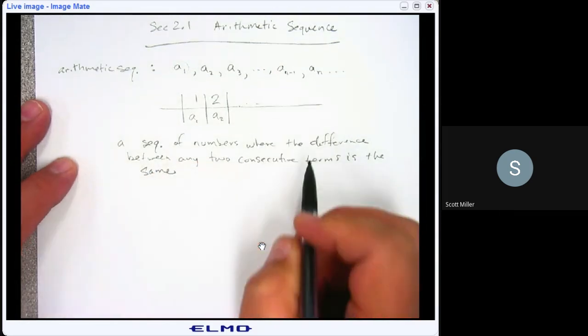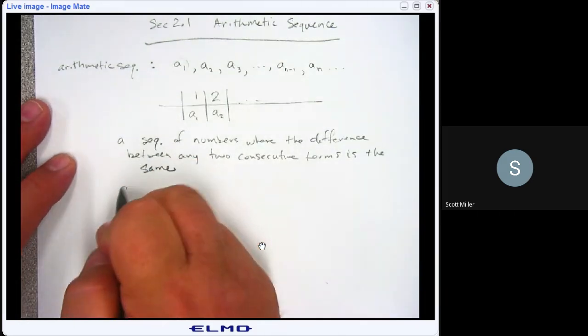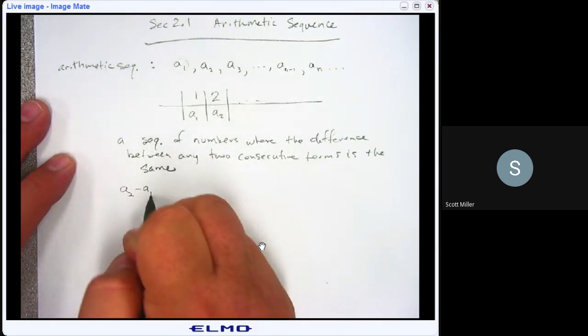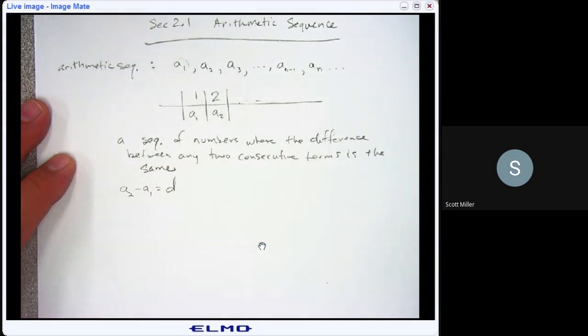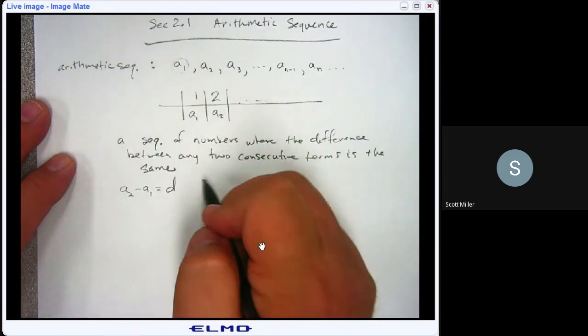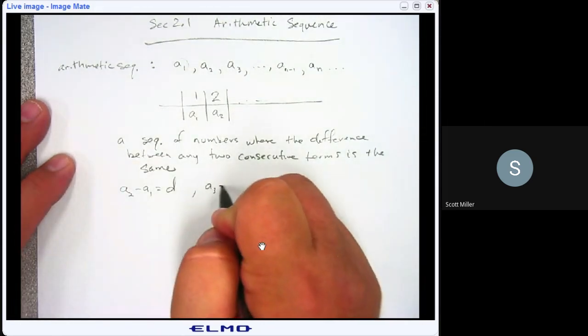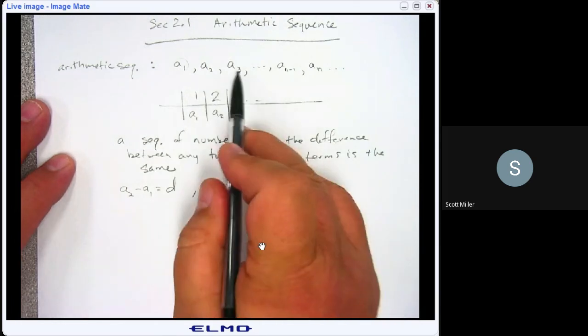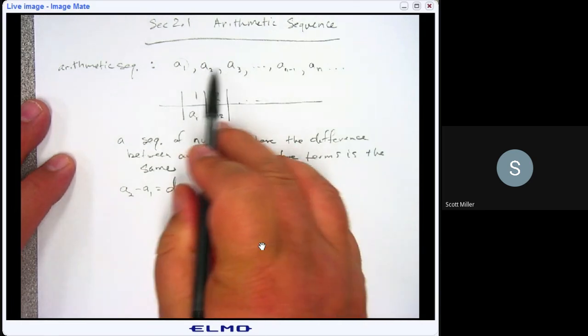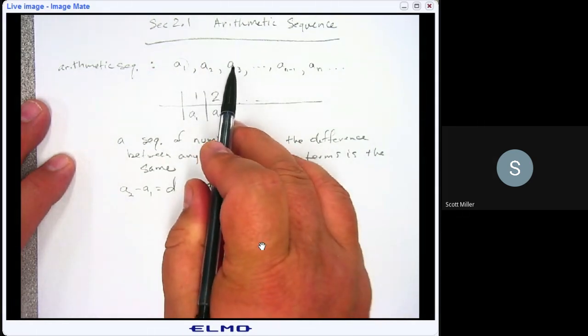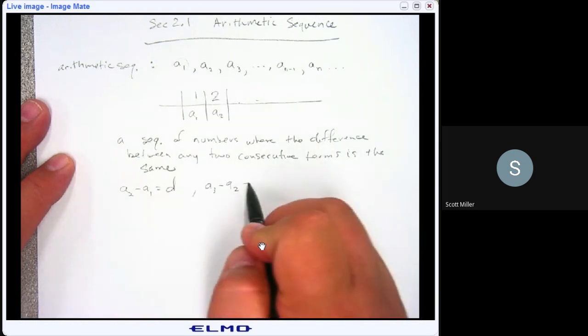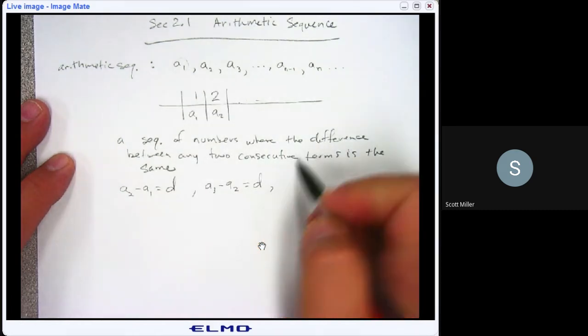In other words, we're saying A sub 2 minus A sub 1 will be some common number, D, and then A sub 3 minus A sub 2. We take two consecutive numbers, that means next to each other. If I subtract them, this one minus that one, I'm going to get exactly the same number.